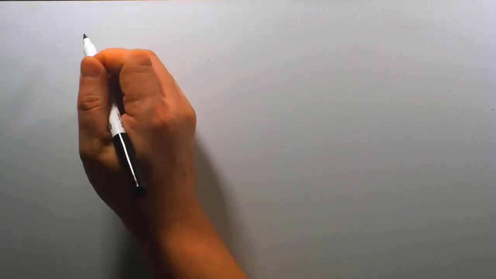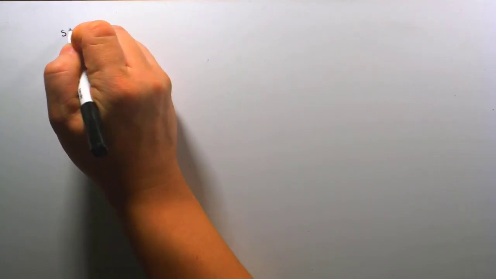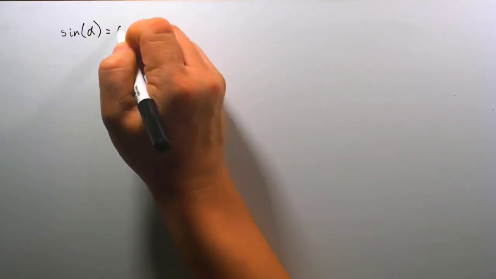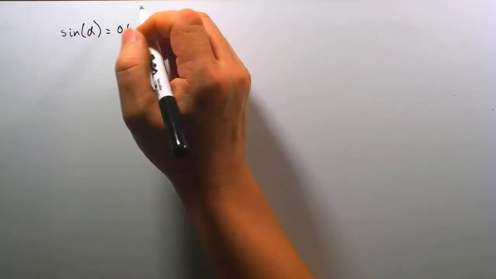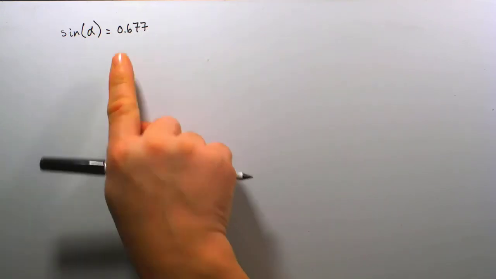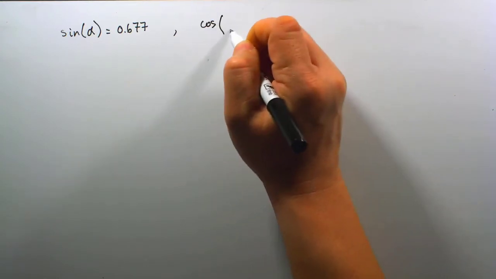All right, so now this is how we can use our given information. We know that we have sine of some angle alpha to be 0.677, and notice that the other value we have is cosine of beta, 0.724 here.